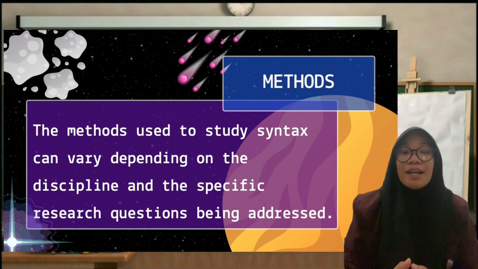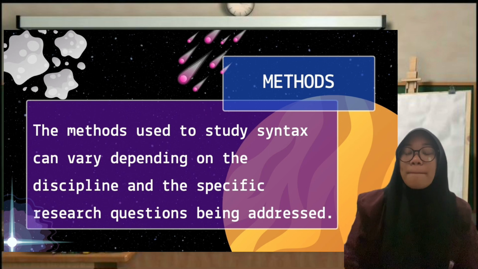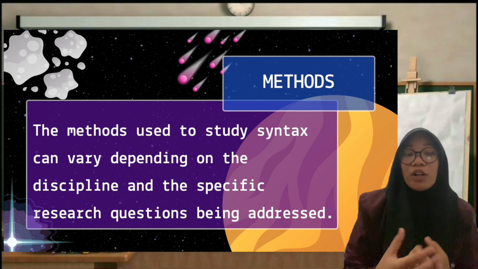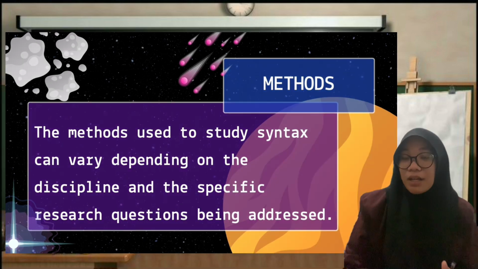In computer science, methods may include developing formal grammars and parsers to analyze and generate code, or conducting empirical studies to evaluate the effectiveness of different programming languages.